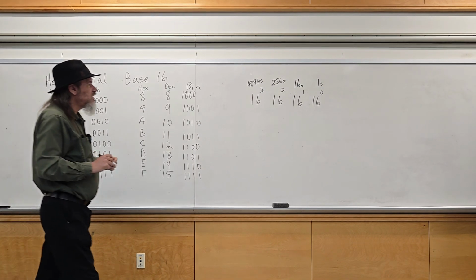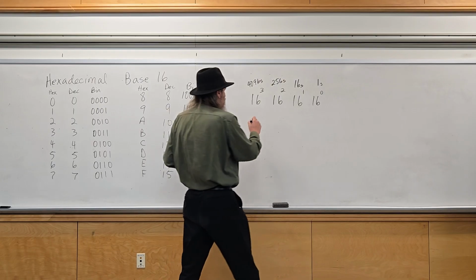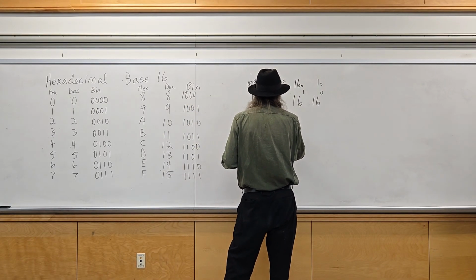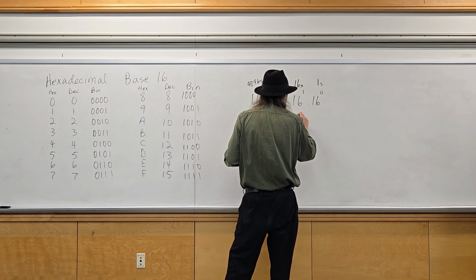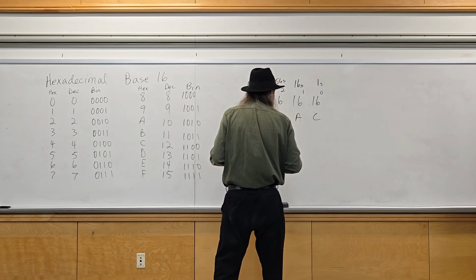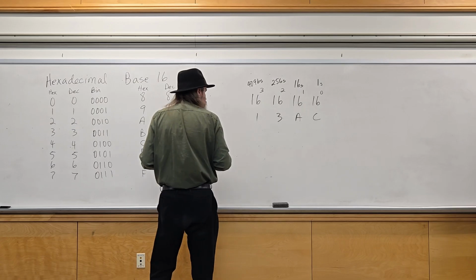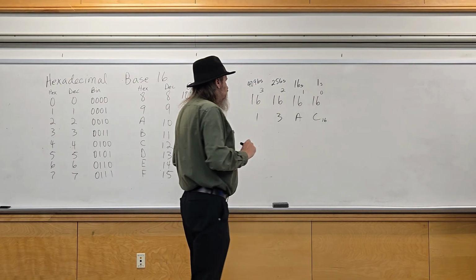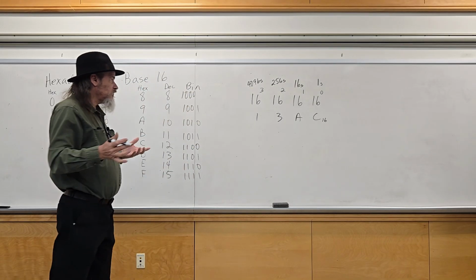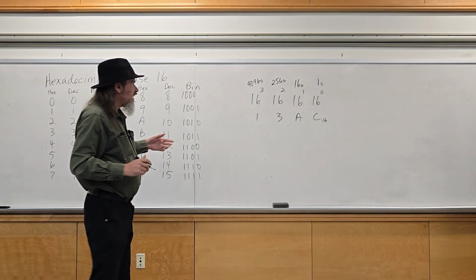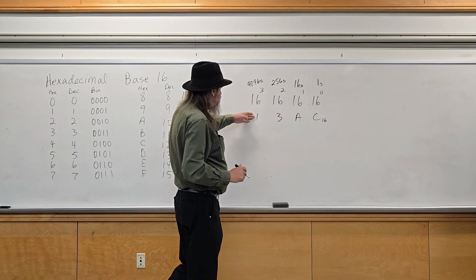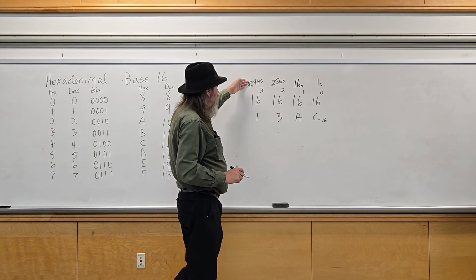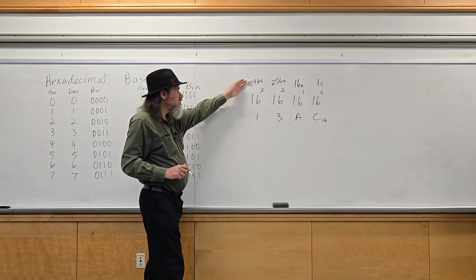So, given this, you have 1, 3, A, C, for example, in base 16. Converting it to decimal, you multiply the value of the digit by the value of the position.